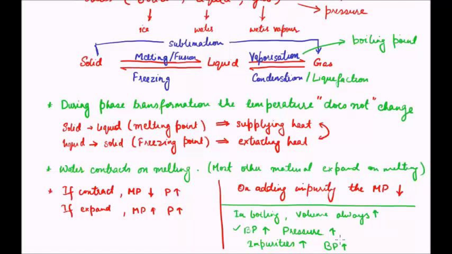As a result, the boiling point of water will increase and cooking will become easier. We are not going into the science of why boiling point increases on increasing impurity and why melting point reduces on increasing impurity, but there is, as a matter of fact, precise science behind it, but that is beyond the scope of our syllabus. I'm not going into details of that.